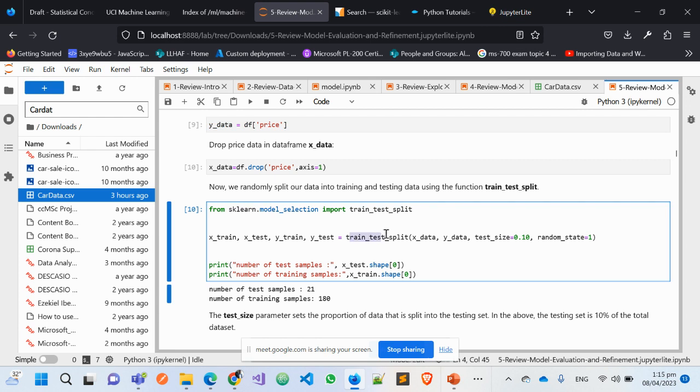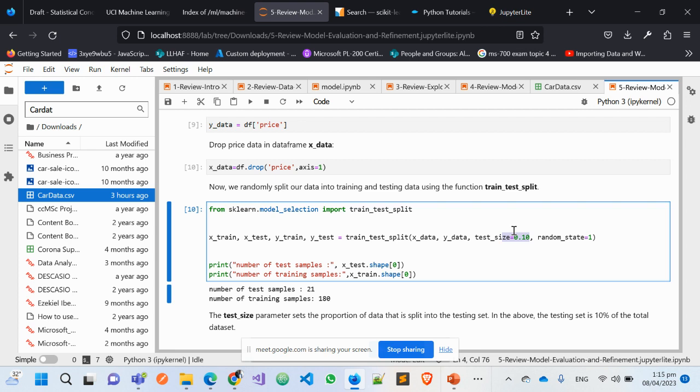We are applying the train test split here by 10%. What this means is that we are differentiating our data sets into training and test data. Our test data is going to be 10% of our entire data set, which means our training data is going to be 90% of the data set.